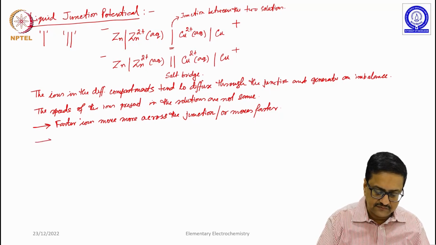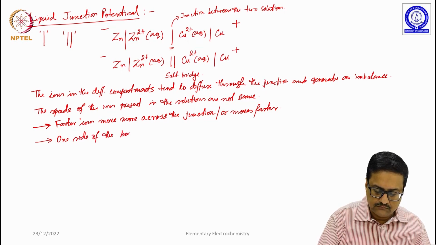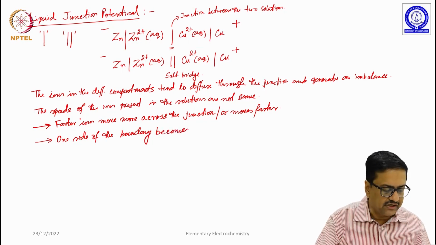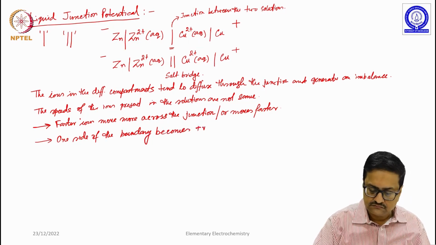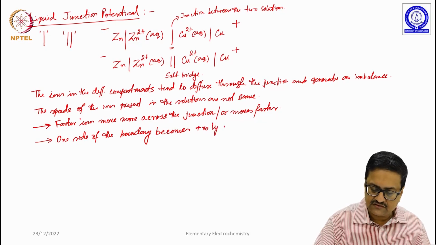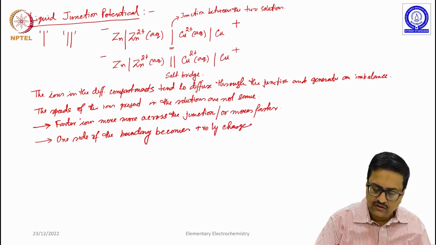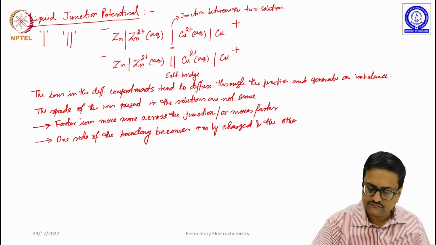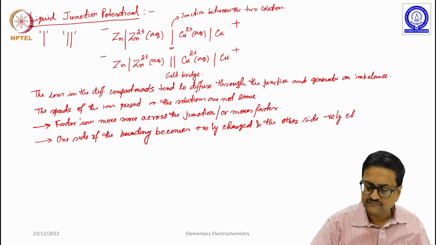So, as a result, one side of the boundary becomes positively charged and the other side slightly negatively charged.